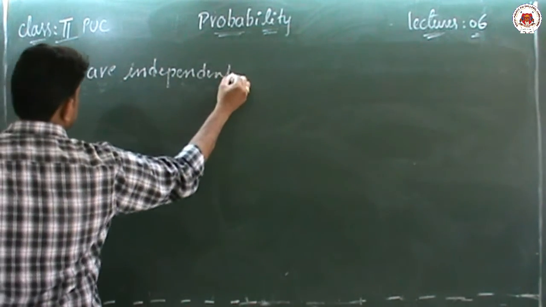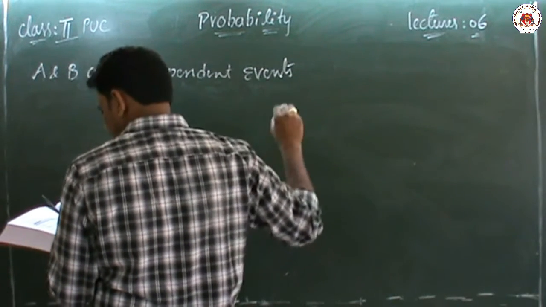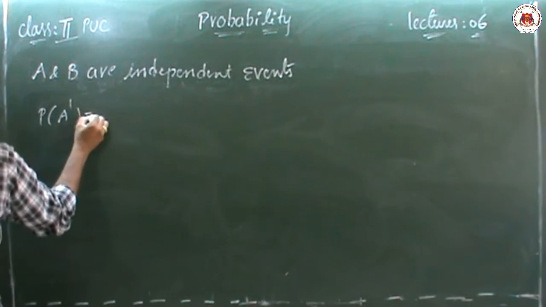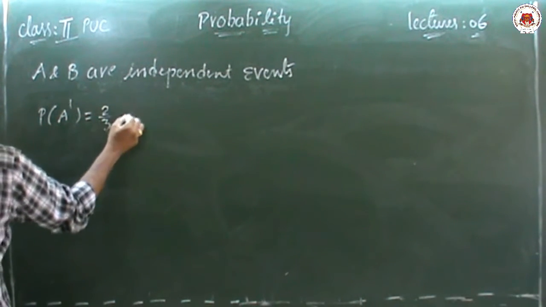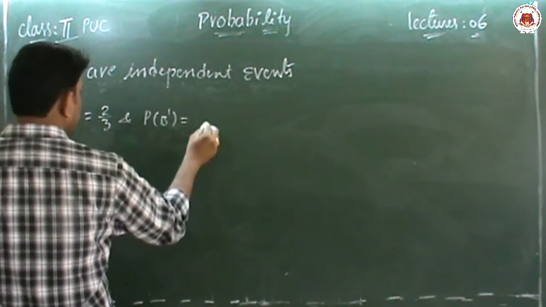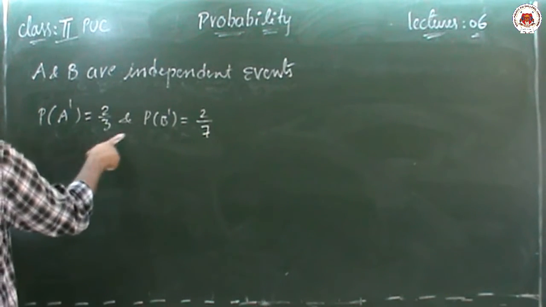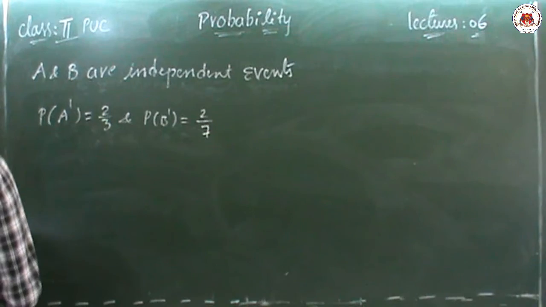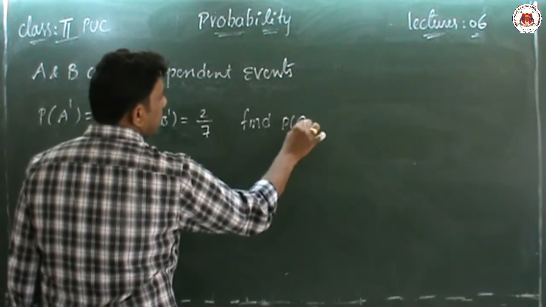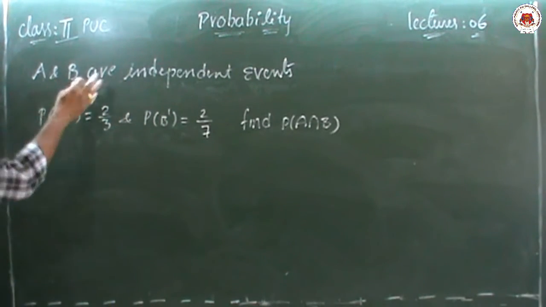Then he gave P of A complement equal to 2 by 3 and P of B complement equal to 2 by 7. He is asking: find P of A intersection B. This is the question. So A and B are independent events.